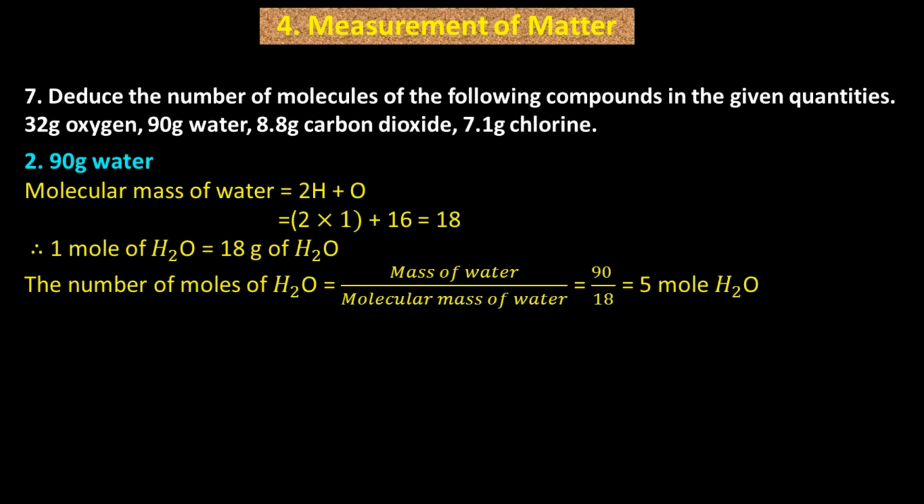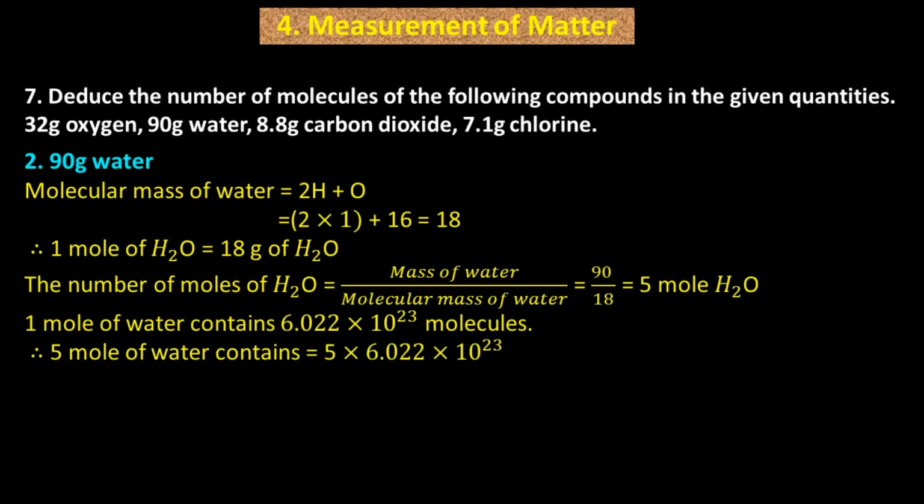The number of moles of H2O is equal to mass of water upon molecular mass of water, is equal to 90 upon 18, is equal to 5 mole of H2O. 1 mole of water contains 6.022 multiplied by 10 raised to 23 molecules.